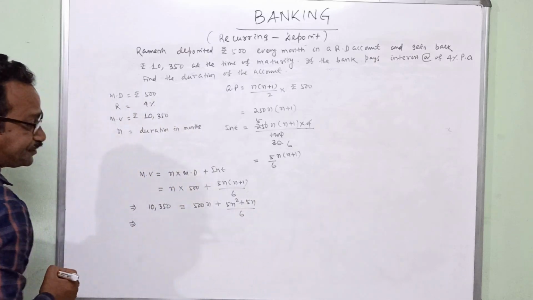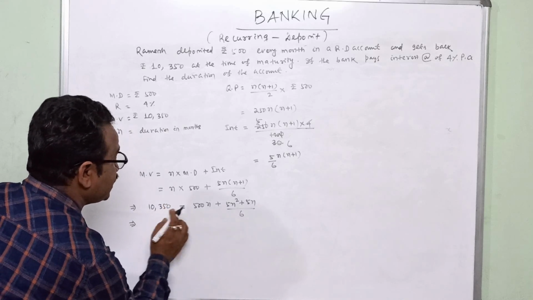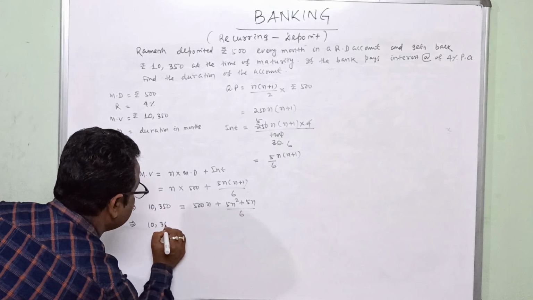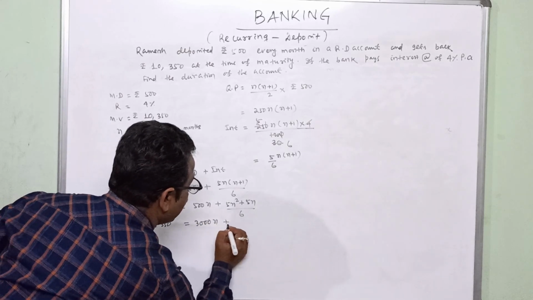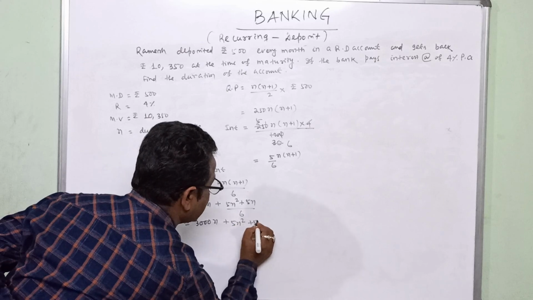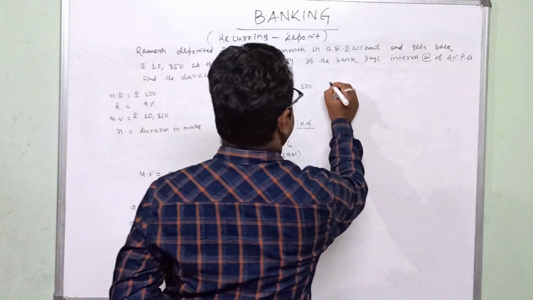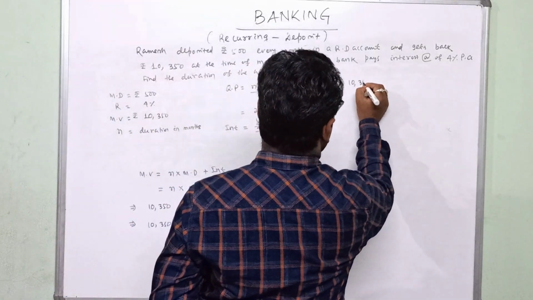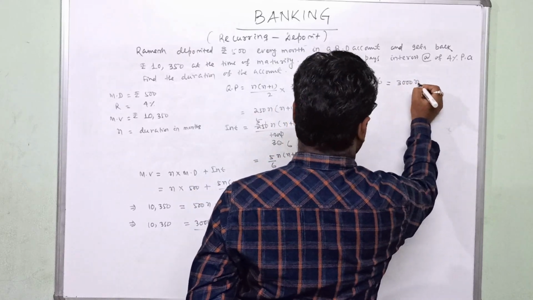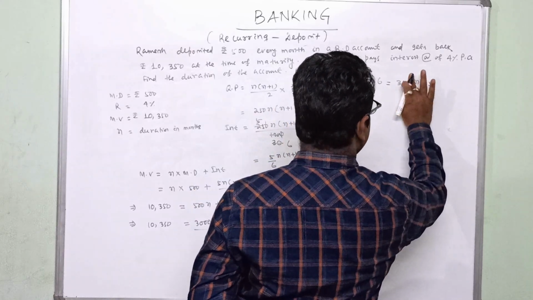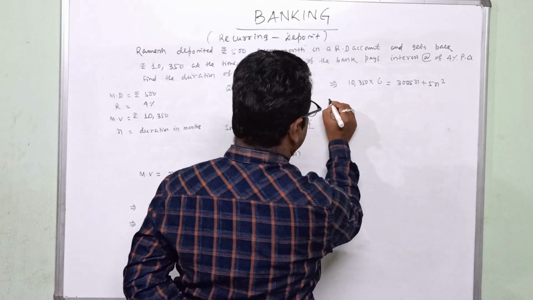Multiplying by 6, taking LCM: 10,350 into 6 is equal to 3,000n plus 5n plus 5n square.